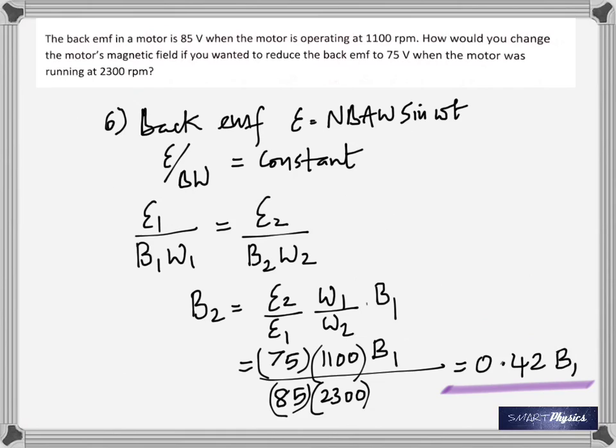This question talks about a back EMF, and back EMF is just induced voltage, which is given by NBA omega sine omega t, like in the last case where this is the peak.